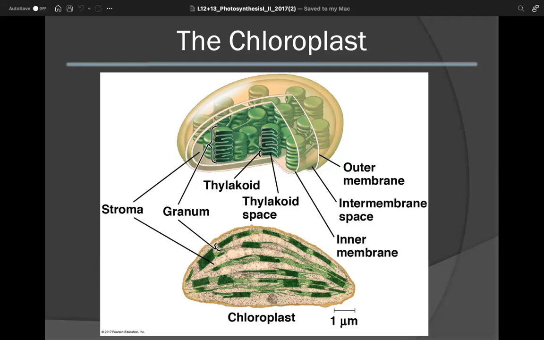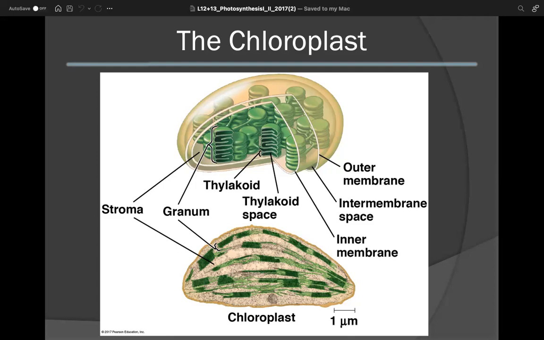Then we have the thylakoids, which refers to one of those tiny little discs, and the thylakoid space. And then we have the granum, which is the stack of the thylakoids. And we have the stroma, which is the interior space of the chloroplast.